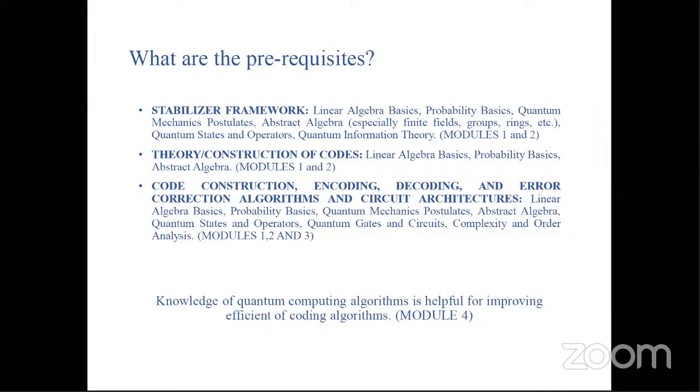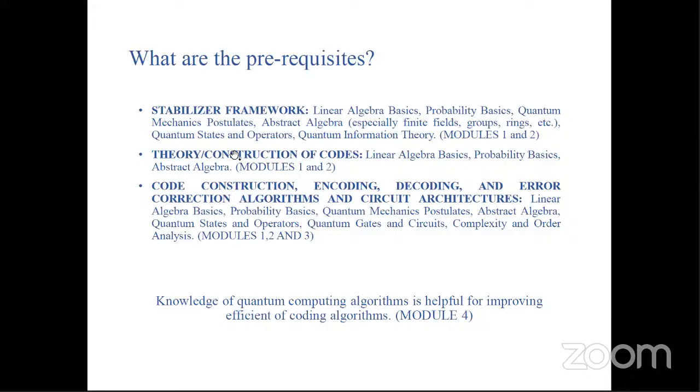We also need abstract algebra like finite fields, groups, and rings to build our codes. We need quantum states and operators, because at the end of the day, that's what we are trying to encode. Quantum states are how we represent the quantum systems, and operators define the processes that operate on these quantum systems.